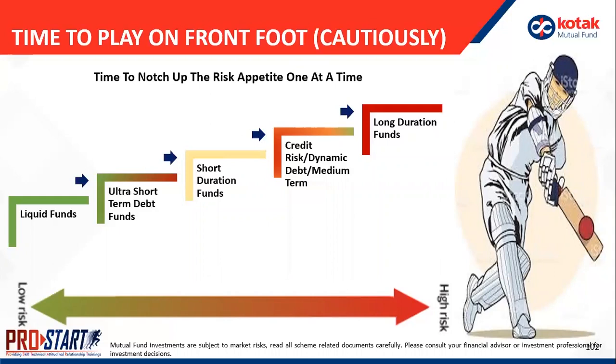Then you have the credit risk, dynamic debt, and medium term funds, and finally the low duration funds. If you see this entire matrix, you can see that the short duration funds are the most average risk funds in the entire category. So it's time to notch up the risk appetite, but one at a time.